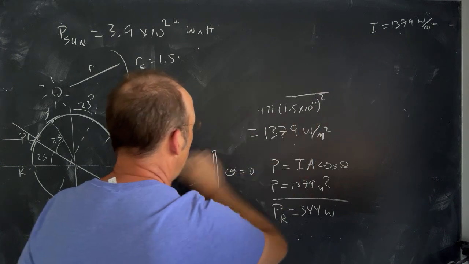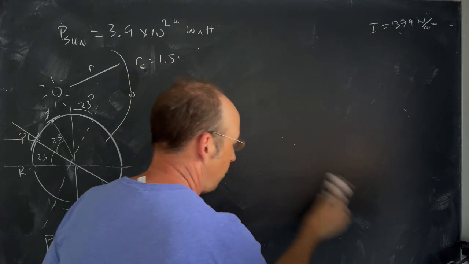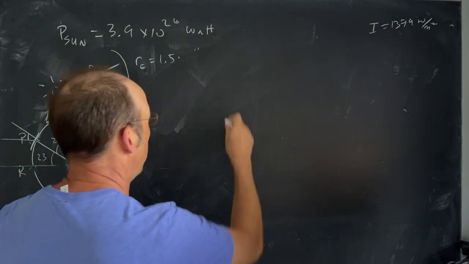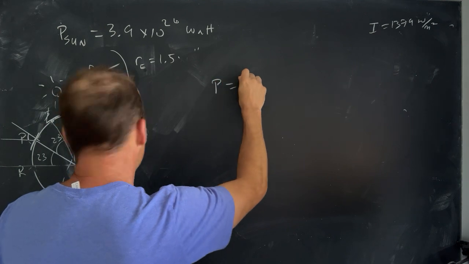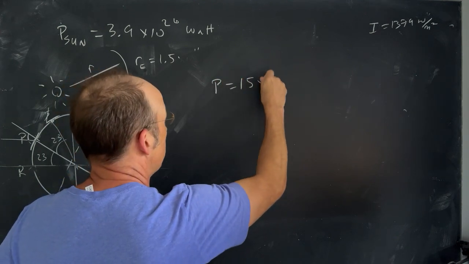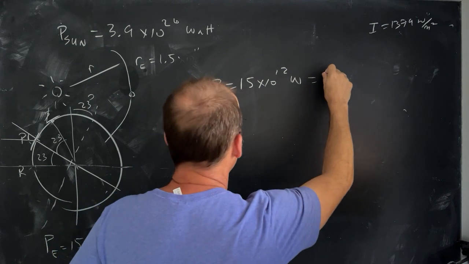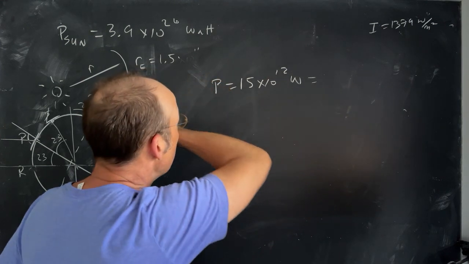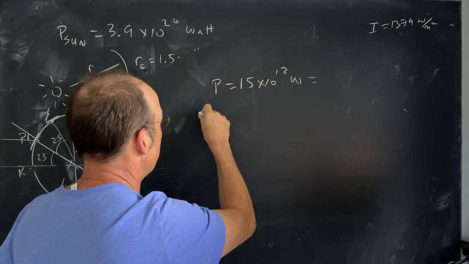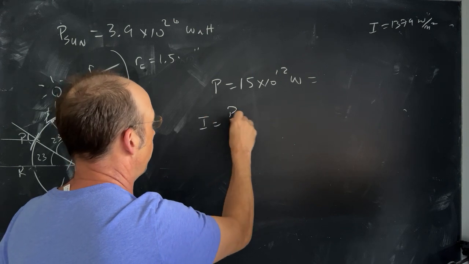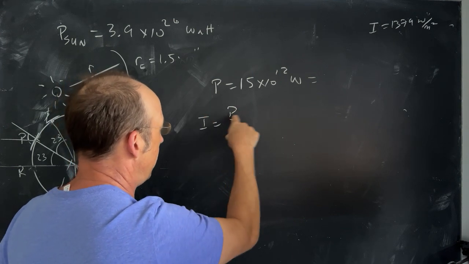So let's calculate the area that we need, and then we'll find out how big that would be square-wise. So I know the power is 15 times 10 to the 12th watts, and the intensity is the power over the area. So the area is the power over intensity.